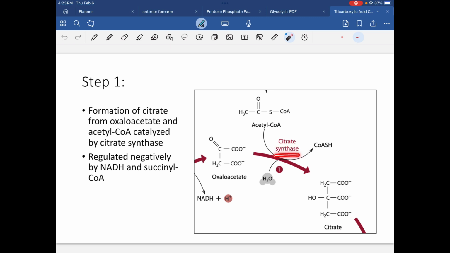Remember, synthase is something that makes something. So this enzyme's name means something that makes citrate. Easy enough. Things to note, it requires water. And when we use this acetyl-CoA, we're going to cleave off that coenzyme A that was attached to it before. This coenzyme A can be reused again to process more pyruvate.